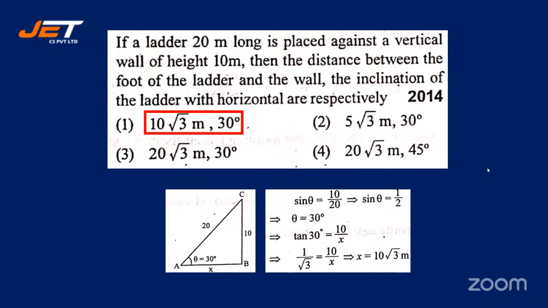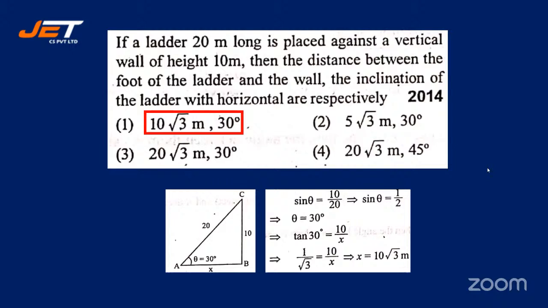Here AB is x. We are finding sine theta because opposite side by hypotenuse is nothing but sine theta. So 10 by 20 is half, and sine of 30 degrees is half, so theta is 30.